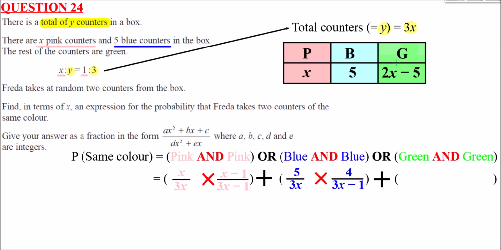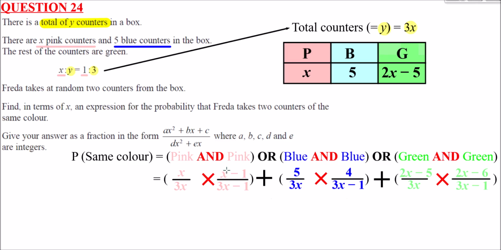To pick a green first, there's 2x minus 5 greens as a fraction of 3x. So picking a green first will be 2x minus 5 out of 3x. Then multiply that by 2x minus 6, because that will become 1 less, the numerator. And similarly, the denominator will become 3x minus 1, because that becomes 1 less than its original self.